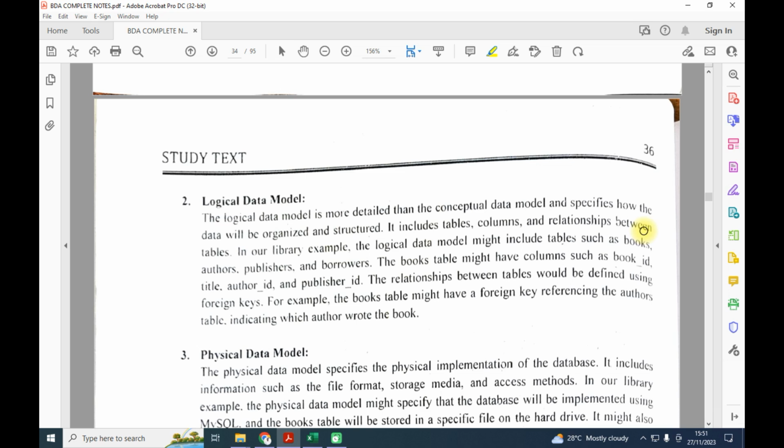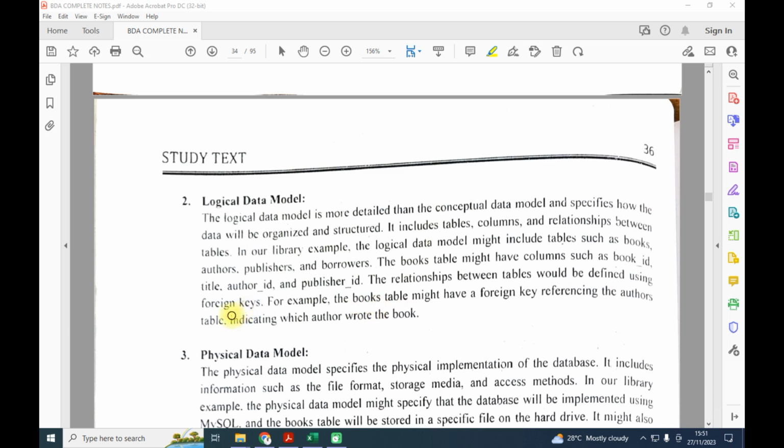Whenever you are using Access, you may have a table for books, a table for authors, a table for publishers, and even a table for borrowers. The books table might have columns such as book ID, title, author ID, and even publisher ID. The relationships between tables will be defined using foreign keys. Remember, we have said we have primary and we have foreign.